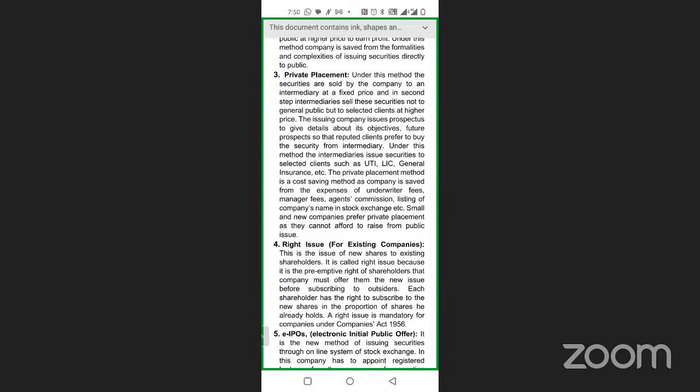And in the second step, the intermediaries sell the security not to the general public but to selected clients at a higher price.